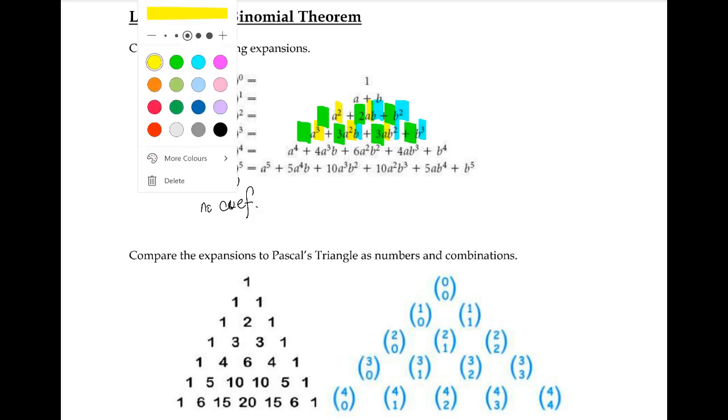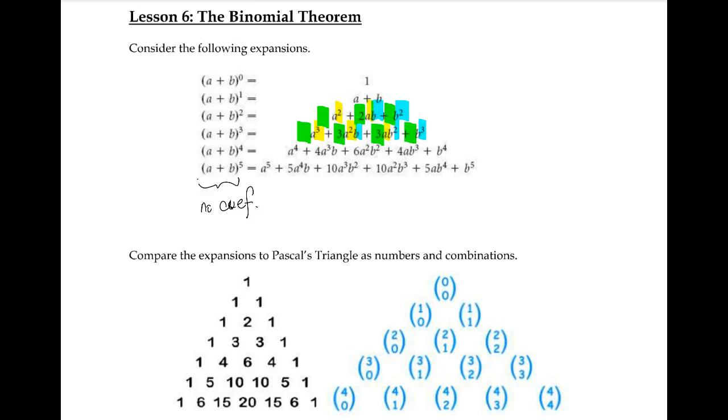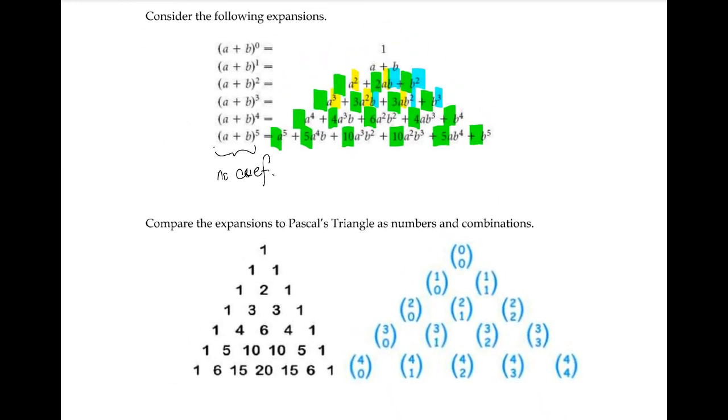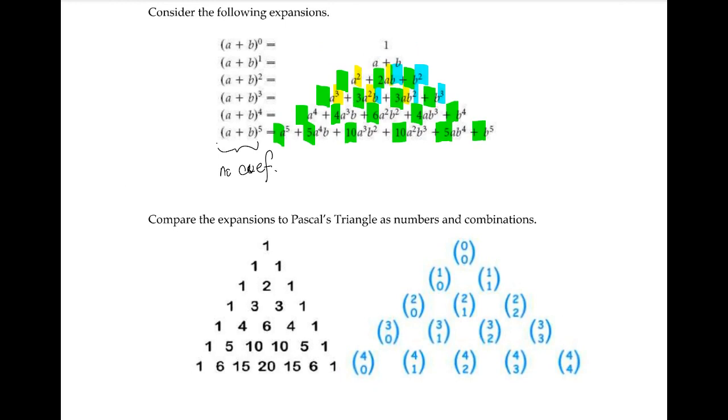When we look exclusively at coefficients, this is important because of our last lesson. I go 1, 4, 6, 4, 1, 1, 5, 10, 10, 5, 1. Well, if I go back and look at Pascal's triangle, I'm getting exactly the same thing. When I get power of 0, I have no coefficients, so it's just 1.